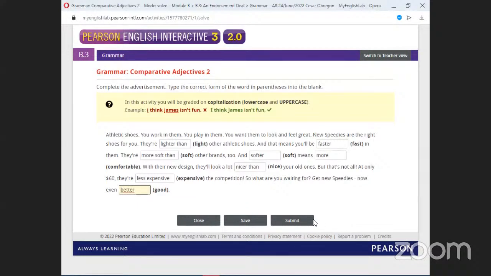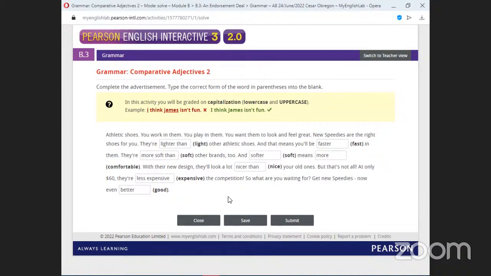Okay. Yes. Now let's read again and make sure we have the correct answer, okay? Athletic shoes, you work in them, you play in them, you want them to look and feel great. New Spirits are the right shoes for you. They are lighter than other athletic shoes, and that means you will be faster in them.